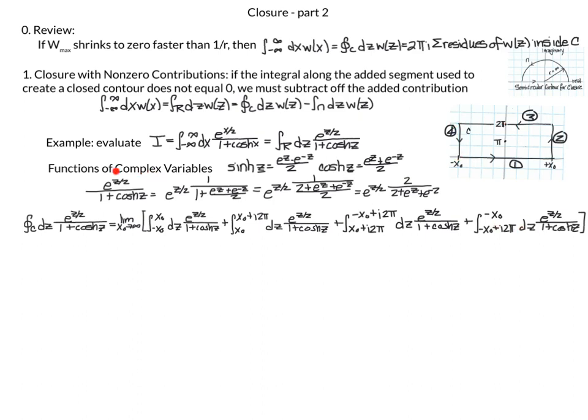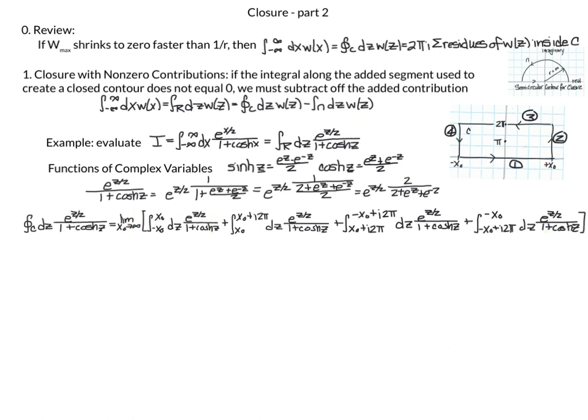And then I also have my transformation of the function that I'm integrating, e to the z over 2 divided by 1 plus cosh z. Using cosh z equals e to the z plus e to the minus z over 2, I have my final form e to the z over 2 times 2 over 2 plus e to the z plus e to the minus z. Now I'm ready to start my 4 integrals, or integrals over each piece.